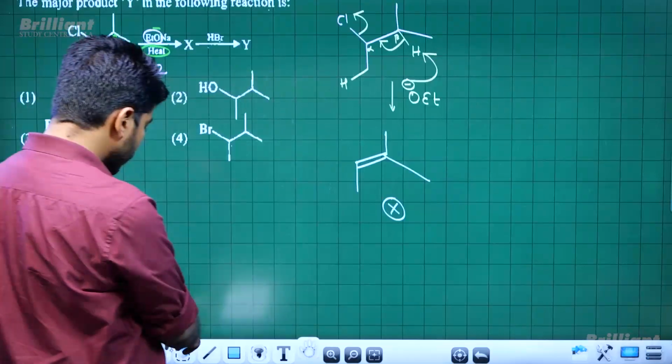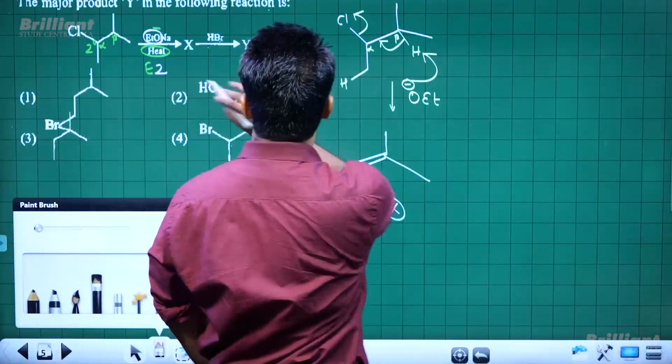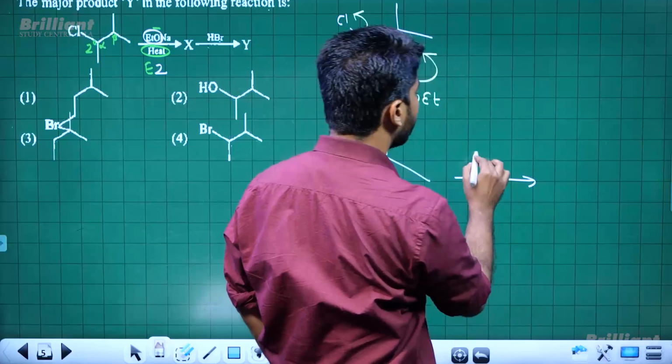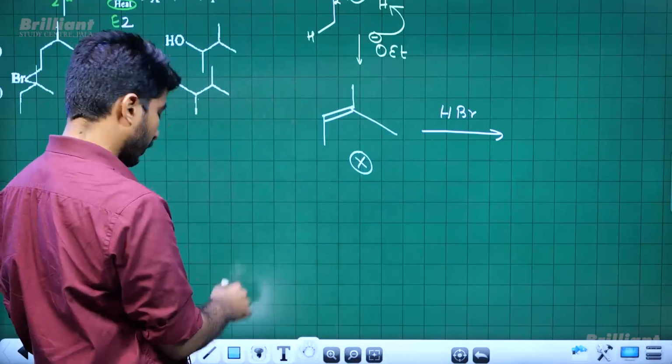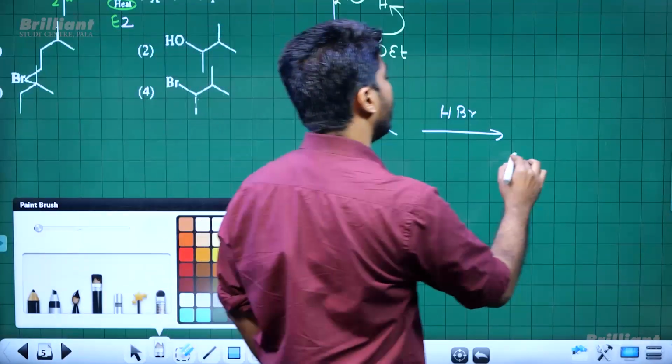And now they are doing an addition reaction which we covered in the last session, HBr. First of all, the carbocation forms. First H plus adds.